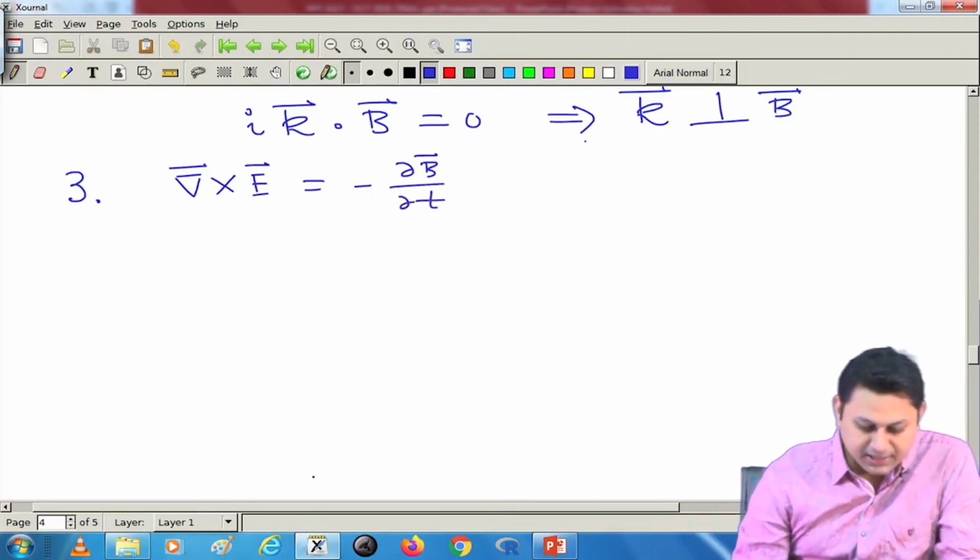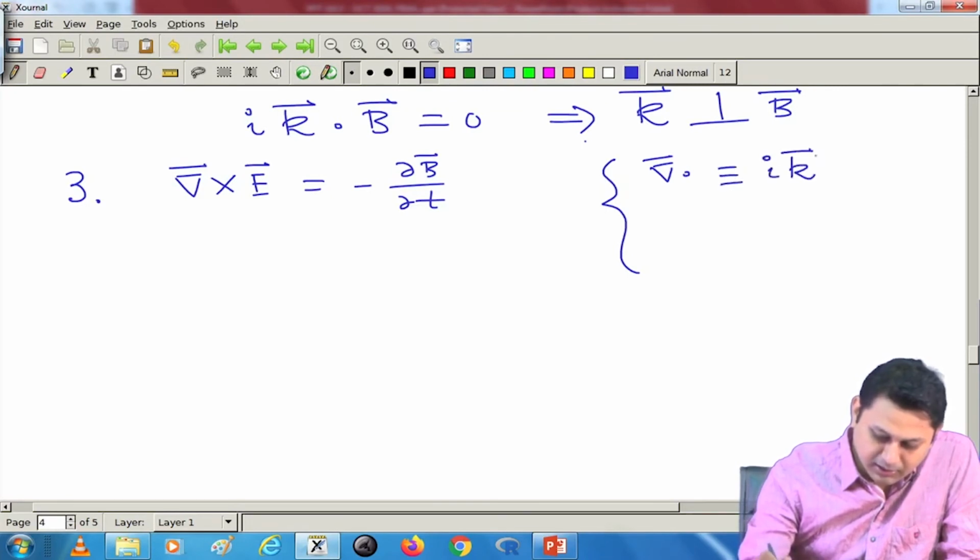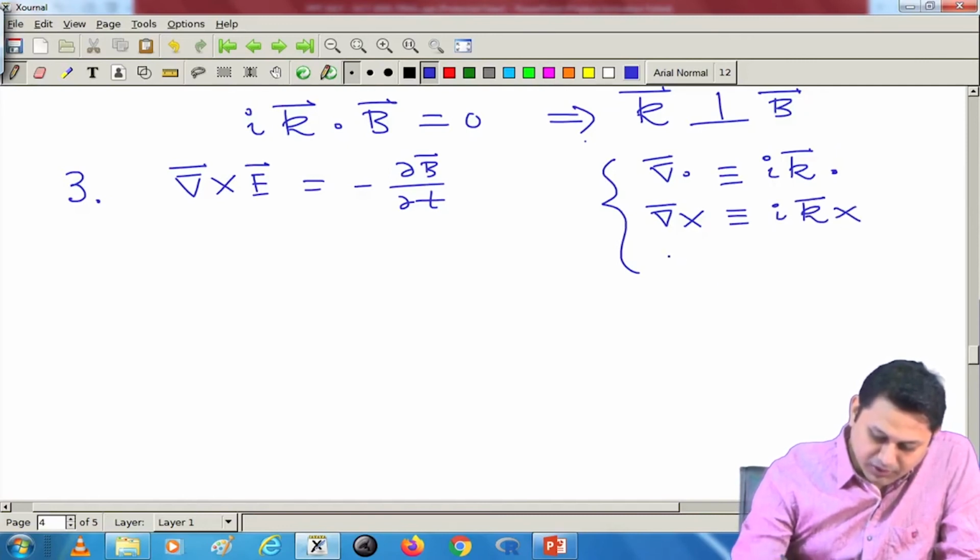Again I can replace this curl operator, because let me write it once again. Whenever I have del dot, this is equivalent to i k dot. Whenever I have curl, it is equivalent to i k cross. Whenever I have del t, this is equivalent to minus i omega.